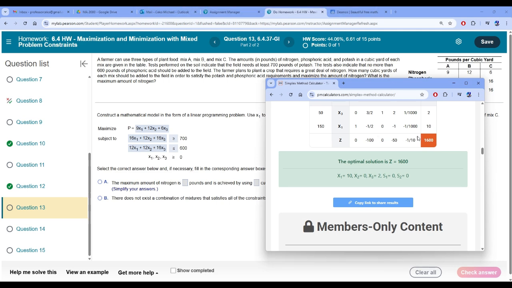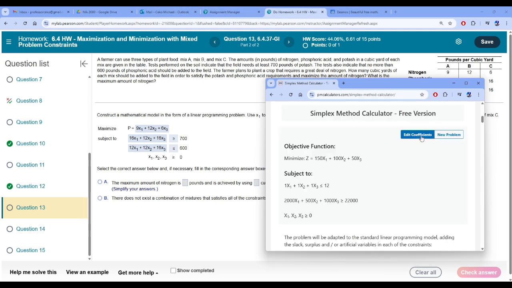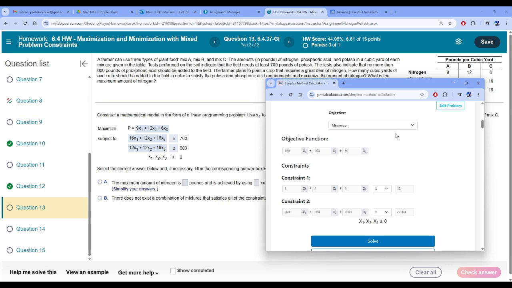So this is 3 variables, 2 constraints. So this is going to be 9, 12, 6. Constraint 1 is going to be 16, 12, 16, 12, 12, 16. This is going to be greater than or equal to 700. This is going to be less than or equal to 600.